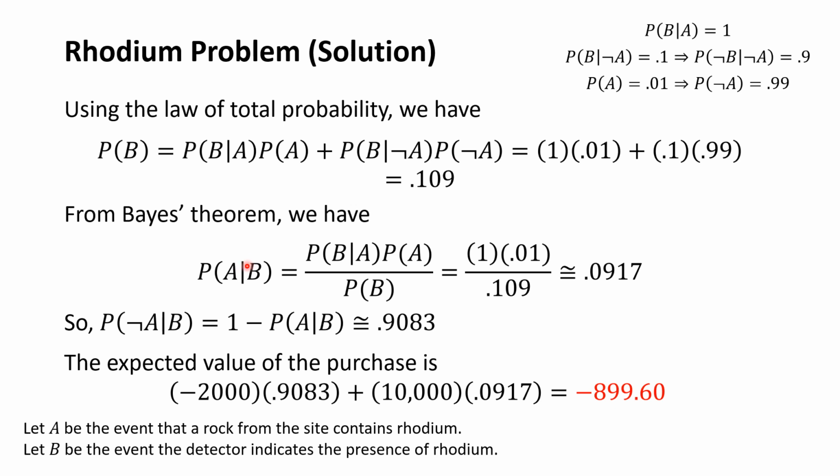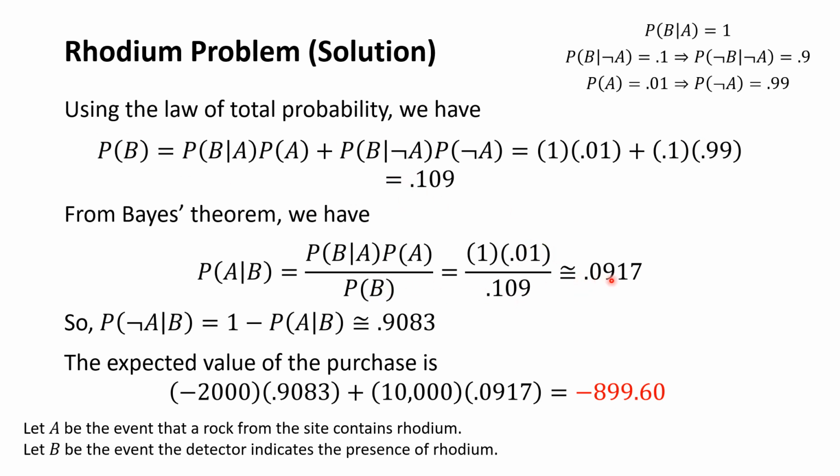We're looking for the probability that the rock contains rhodium, given that the detector indicates it does. So that's this, and then we just use Bayes' rule here. That's the formula for it. And we know what B given A is, that's 1. Probability of A is pretty small, 0.01, and then we divide by B, which we computed up here.